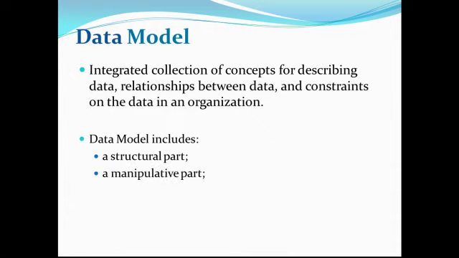Second is the manipulative part, defining the types of operations that are allowed on the data. These include the operations that are used for updating or retrieving data from the database and for changing the structure of the database. And the third is possibly a set of integrity rules, which ensure the data is accurate.